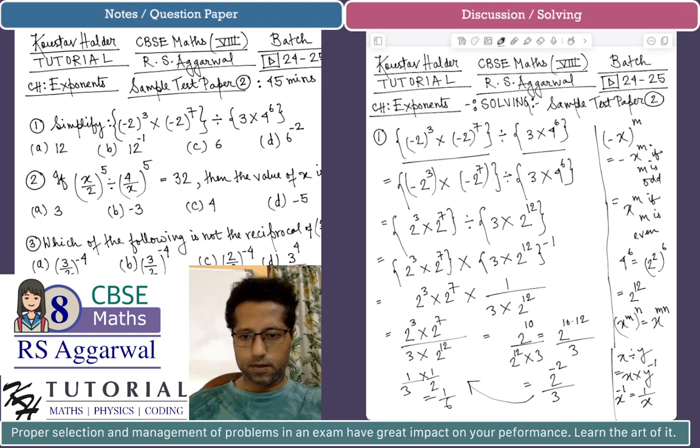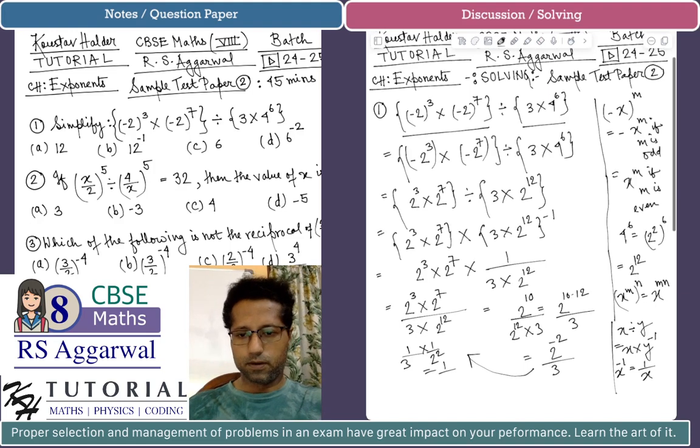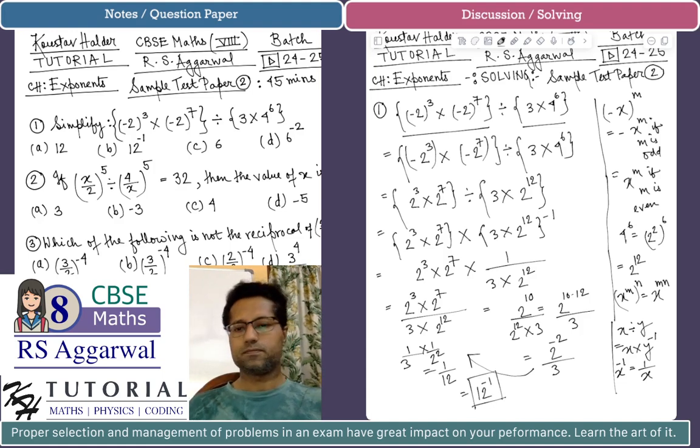So finally the answer will be 1 by 12, and this is equal to 12 to the power minus 1. So this is the simplified value, and the answer is choice B.